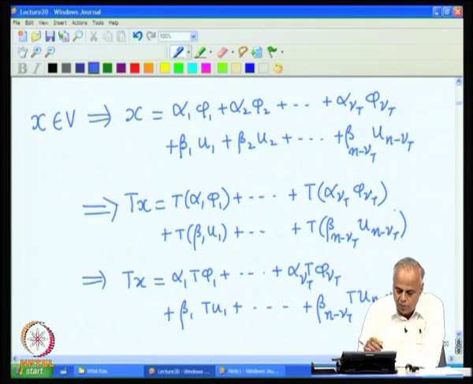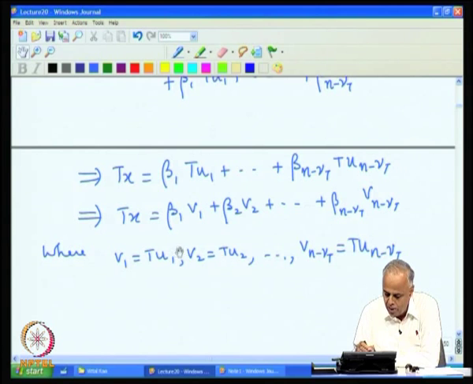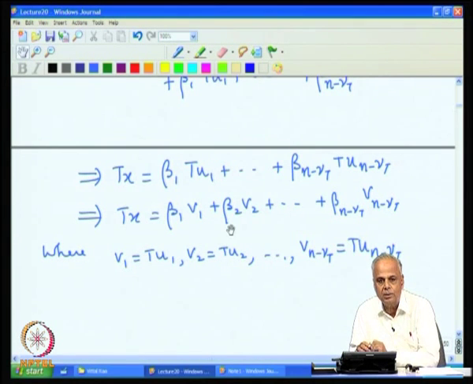What we have shown now is, if you take any vector x in V, T of x will have to be of this form.